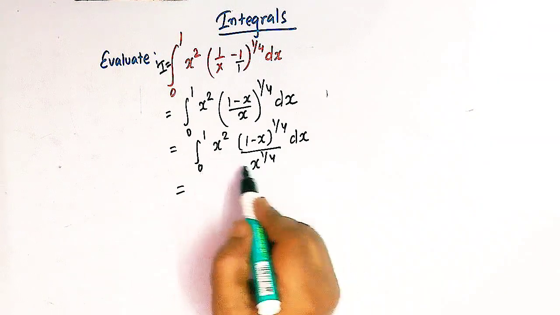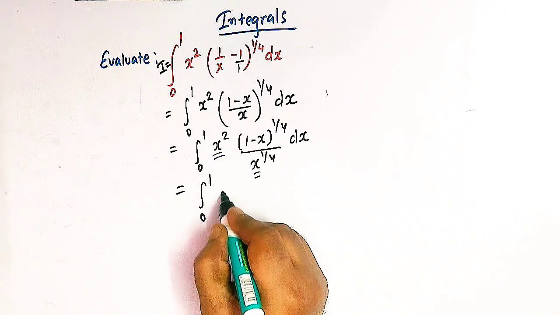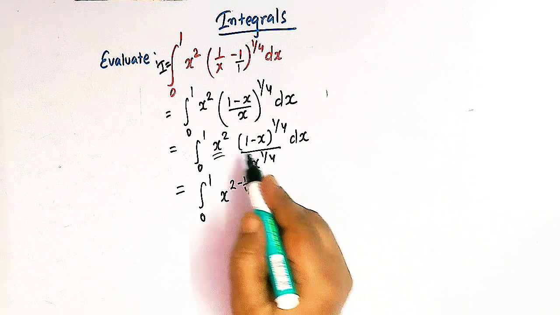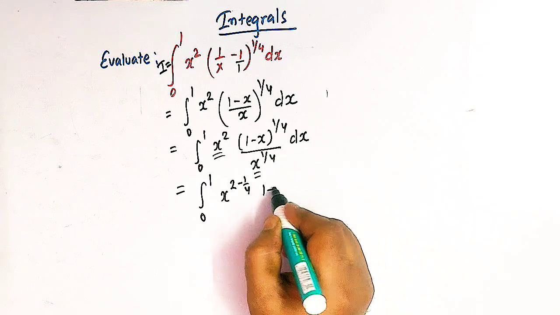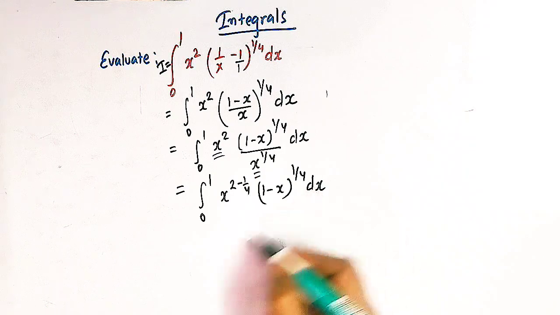Now combining these two terms, we can write 0 to 1 x raised to 2 minus 1 over 4, so we can subtract the powers by using the rules of exponent, and here we have (1 - x) raised to 1 by 4 dx.